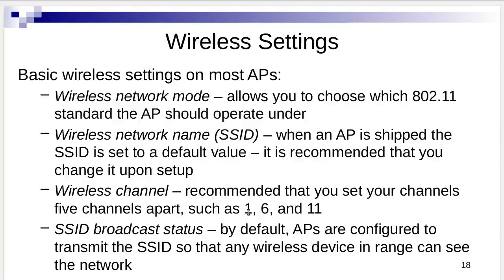So 1 and then 5 channels between 1 and the next channel that you can use reliably would be you add 5, you get 6, and then add 5 again, you get 11, and those are the 3 ones you want to use, and you end up using channel hopping.